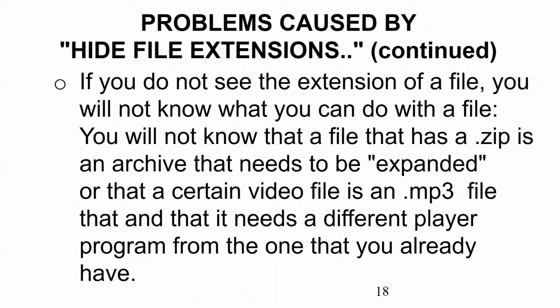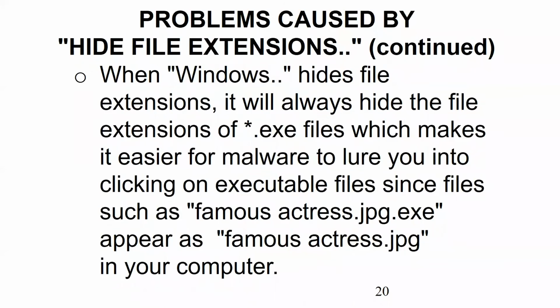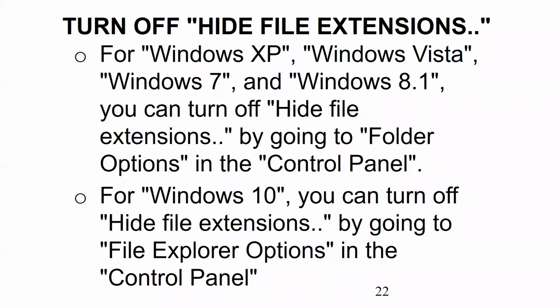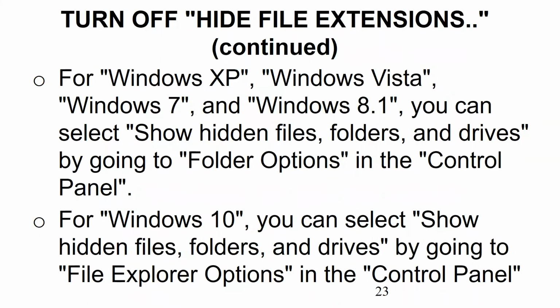A lot of you have, I've noticed, by going to the folder options in the control panel in Windows Vista, XP, 7 and 8.1, and turning off hide file extensions. In Windows 10, you can go to File Explorer options in the control panel and turn off hide file extensions. All of a sudden, the real name of the file starts showing up all over your computer. And that's a great thing.